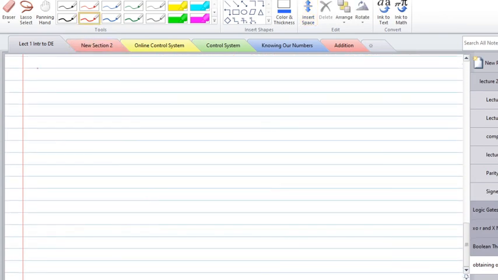Now the last one, that is XNOR gate using NAND gate only.